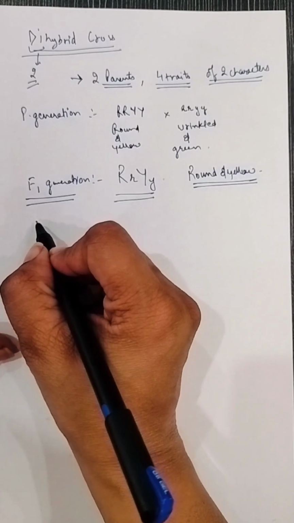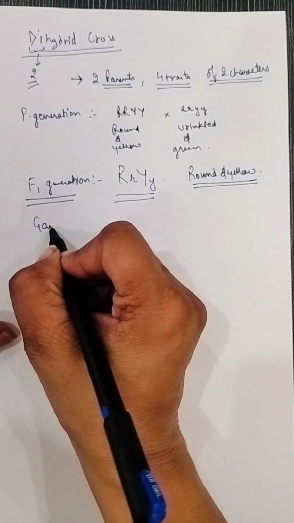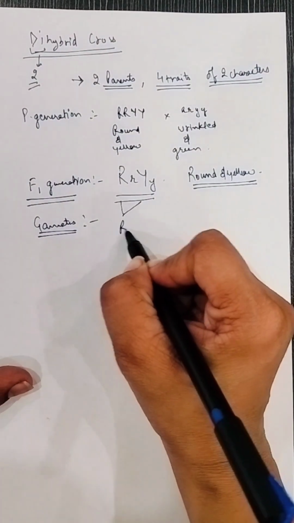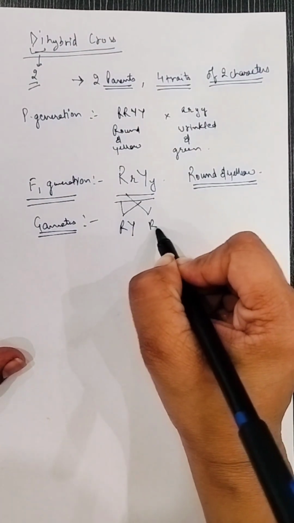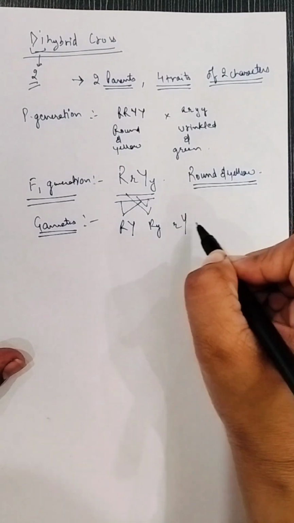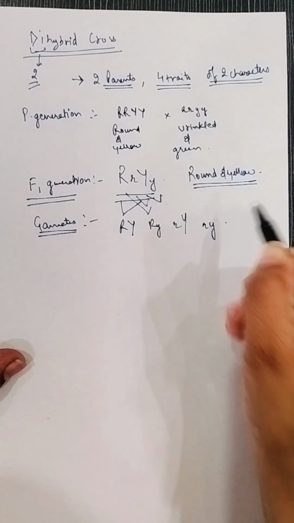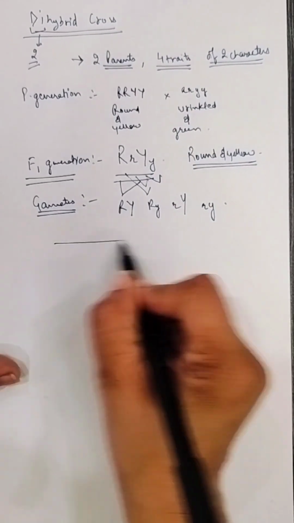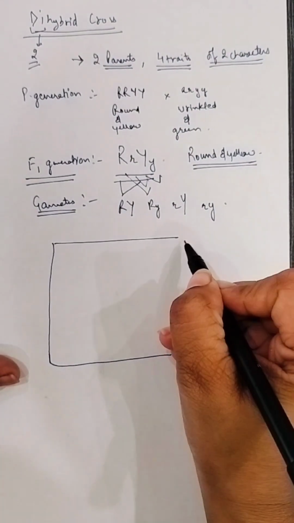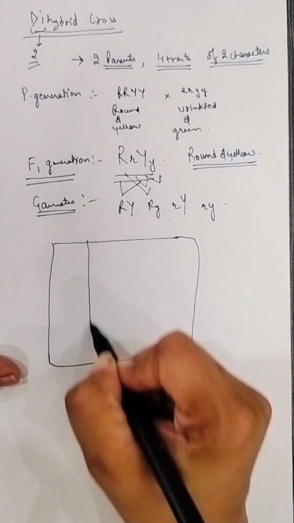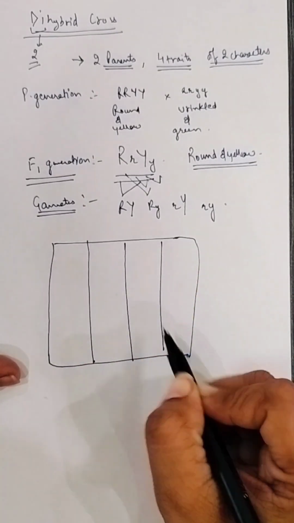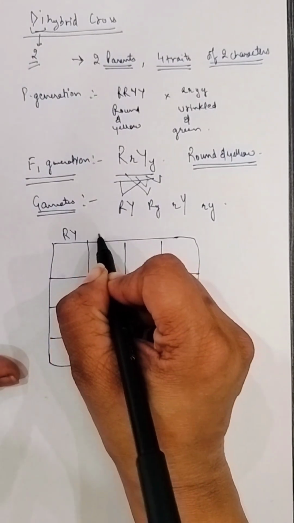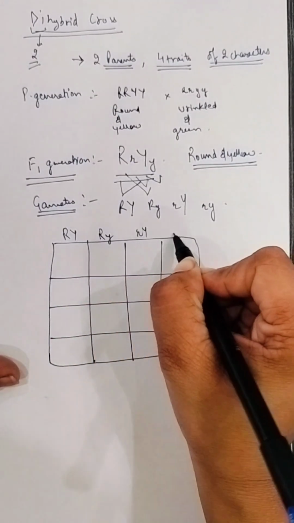Now students, in this case of dihybrid cross, the next step is you have to make gametes. So the gametes would be capital R, capital Y, capital R, small y, small r, capital Y, and at last small r, small y. After this, we have to make Punnett square having 16 blocks, and we have to write the genotypes outside.